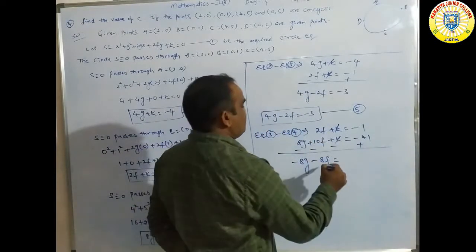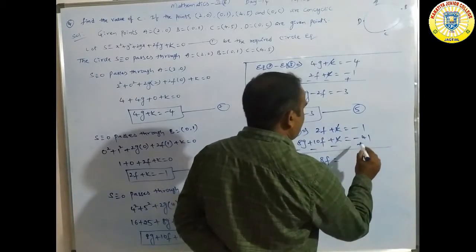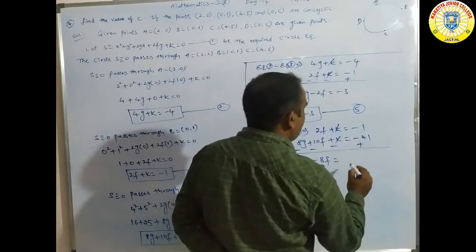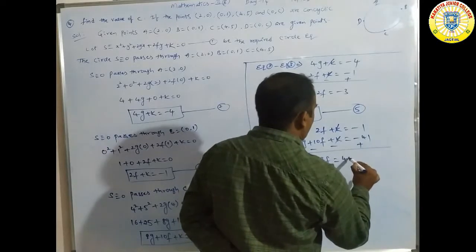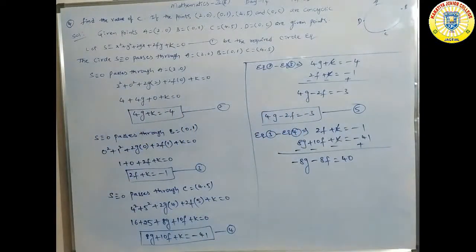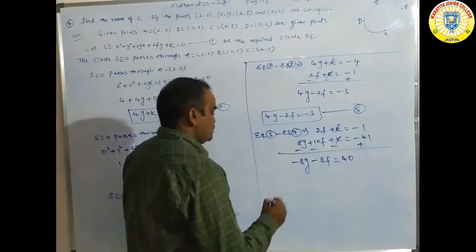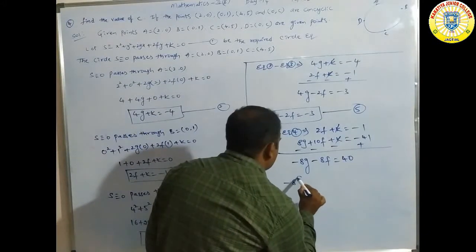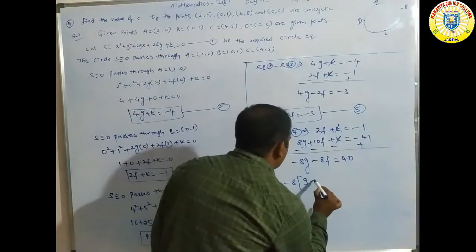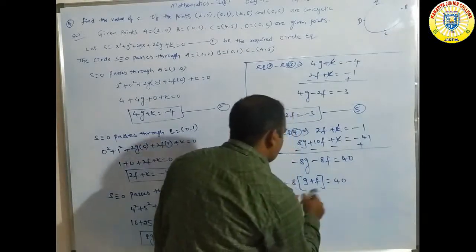Minus 8g minus 8f, and plus 41 minus 1 is 40. Here minus 8g minus 8f is equal to 40. Taking minus 8 common, the remaining value is g plus f is equal to 40 by minus 8.